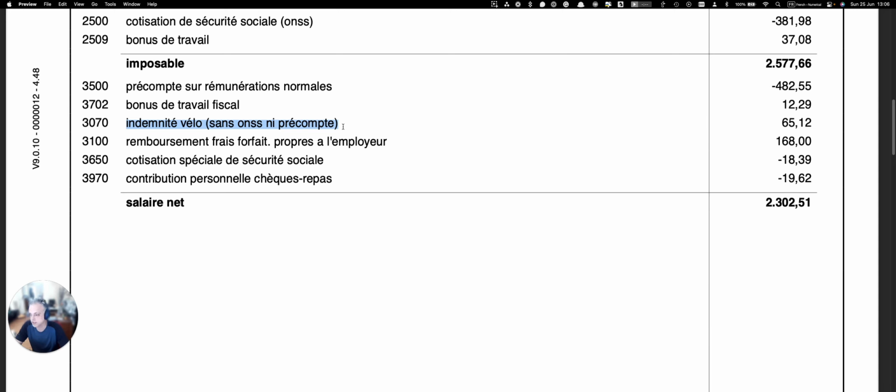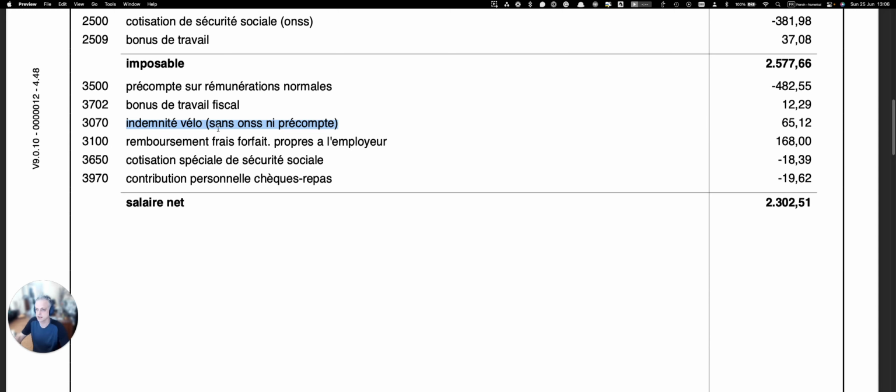So, I mean, 65.12 is quite nice, knowing that this person is actually not working full-time to the office. So I think it's a representation of the fact that she's not working very, very close to where she lives. So 65.12 euros per month is quite nice, and it's not taxable, so that's really nice as well.